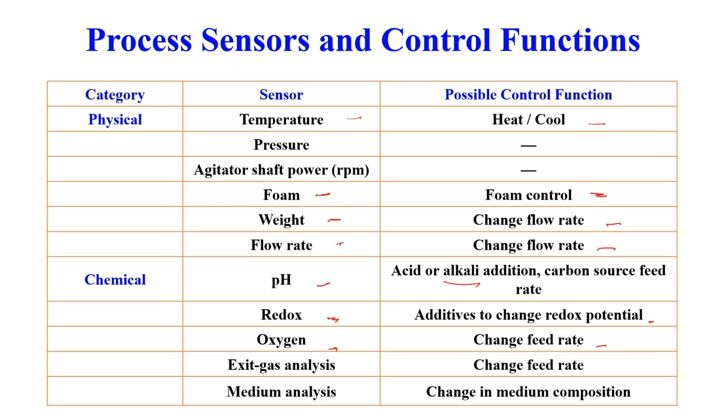Oxygen indicates whether there is any change in the feed rate of the aeration system or oxygen supply. Exhaust gas analysis similarly indicates the rate of gas generation. Medium analysis indicates change in the medium composition, particularly the utilization of substrate with time.